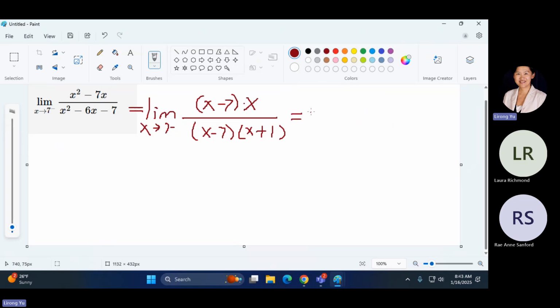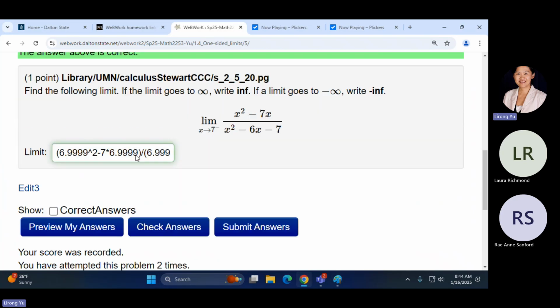We factor out the x minus 7, and you observe x minus 7 in the numerator and the denominator, so we can cancel it and have an x in the numerator and x plus 1 in the denominator. Now, if you make x equal to 7, you have 7/8. And that's the true value of this calculation. So instead of putting in a decimal number, we should be putting in 7/8.